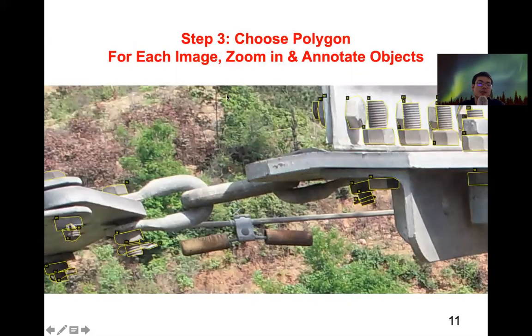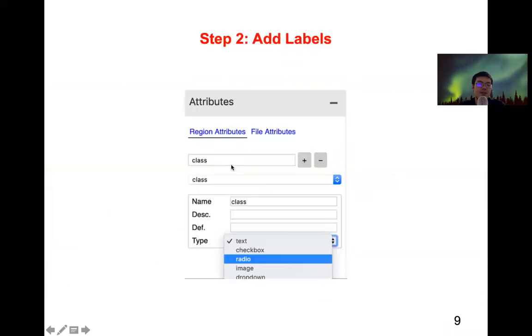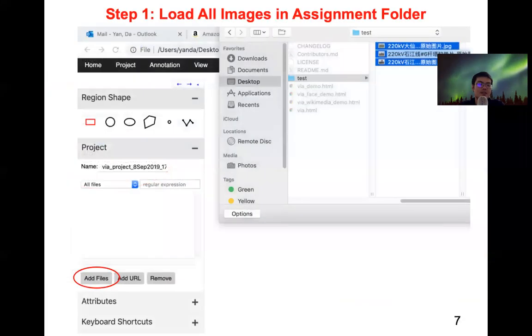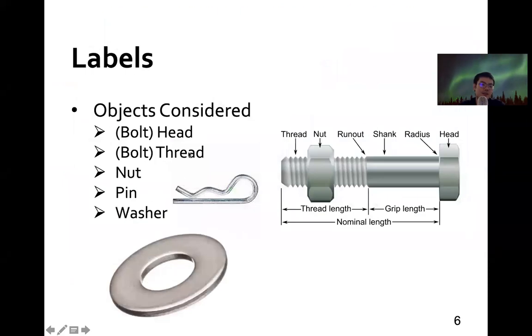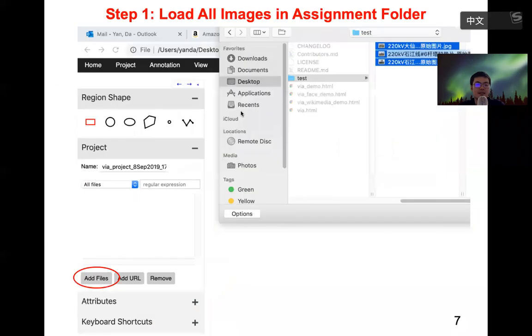Then you zoom in and annotate the object. How to zoom in and out, just look at the other menu you have. But the other menu has another set of classes. Don't use that, because that is the instruction for VIA. This is the assignment requirement: use these 5 classes, the ones in the slides, not in the other menu.